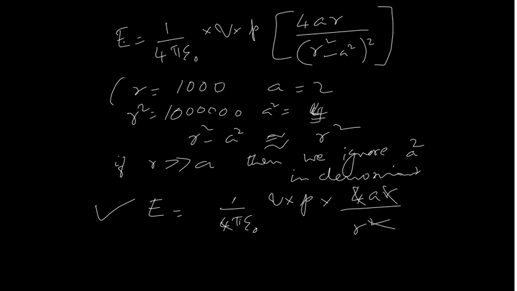All right, now we have to go to the second part of the derivation. For the second part, you will have to see the picture. That picture I will draw. So this is the second part: E at point P on the equatorial line.